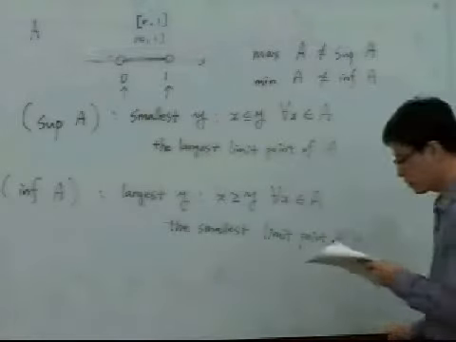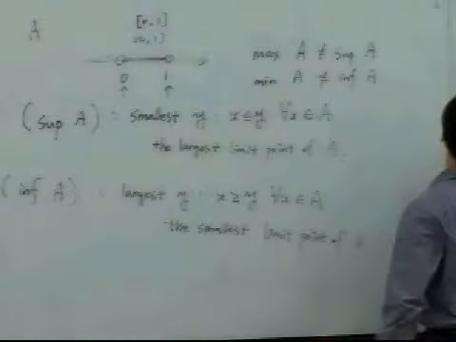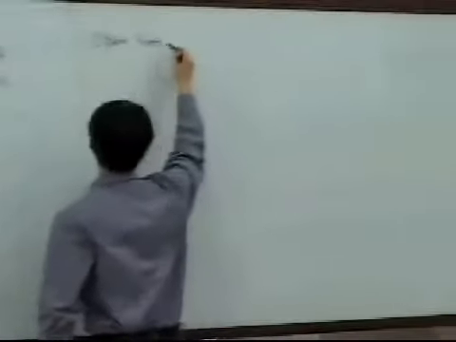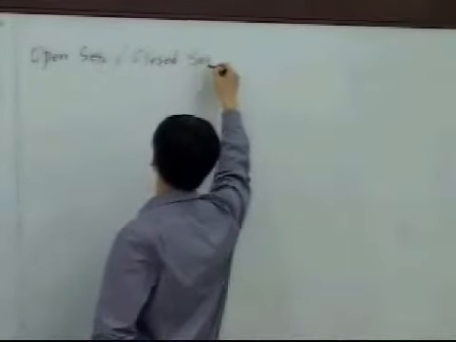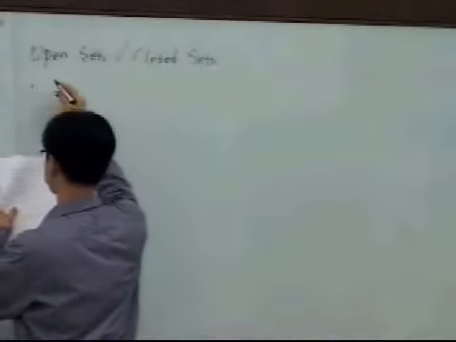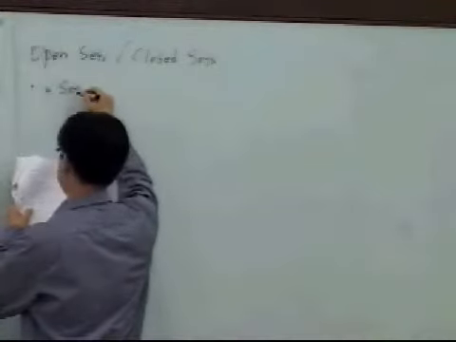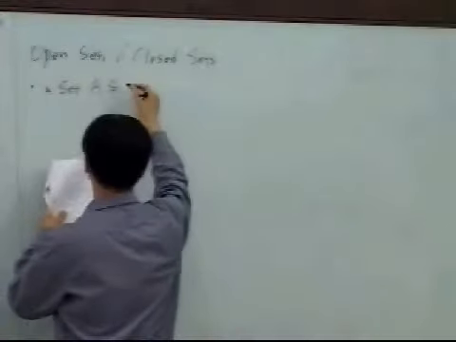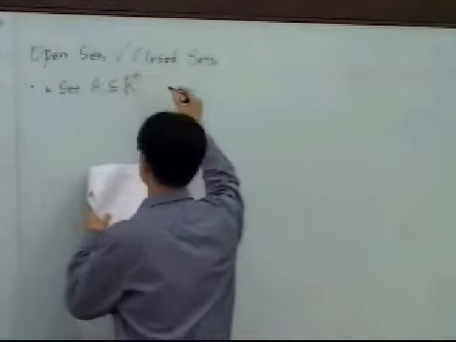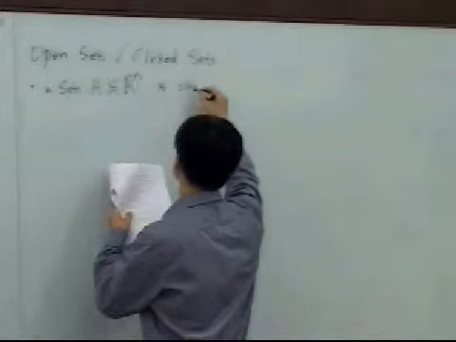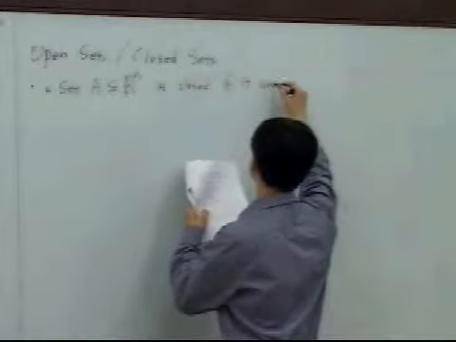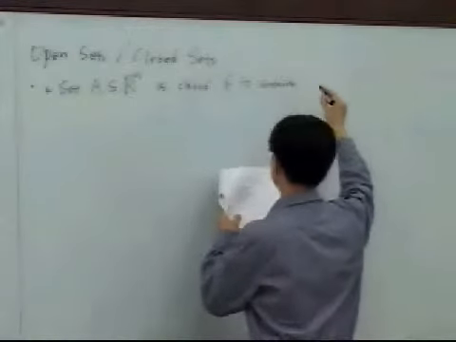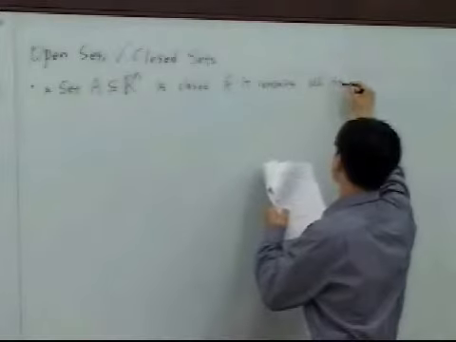Now it's time to talk about open sets and closed sets. Okay, definition. A set A is closed if it contains all its limit points.